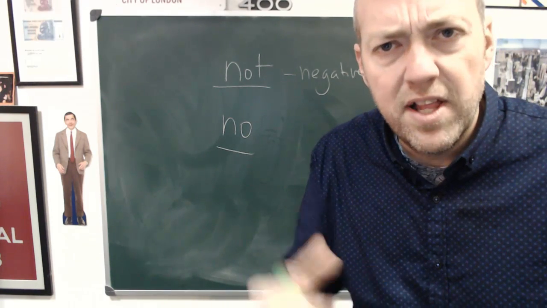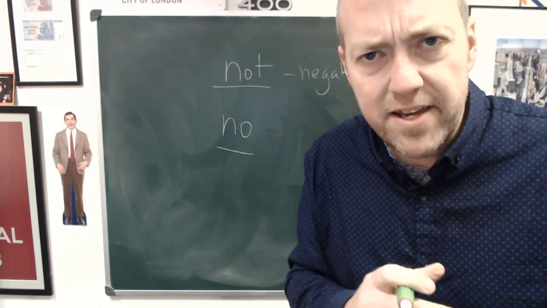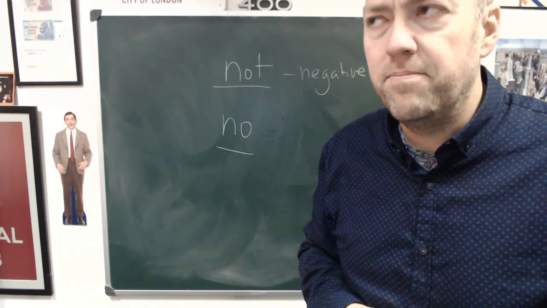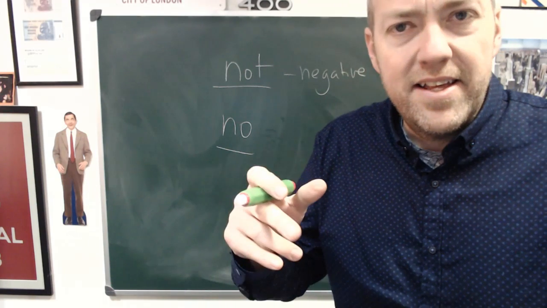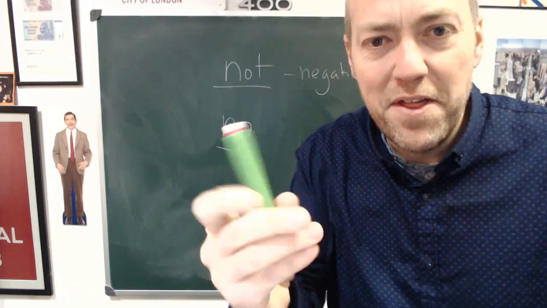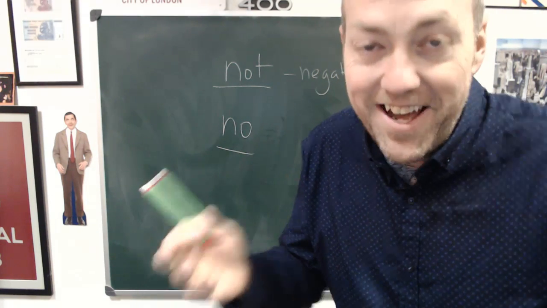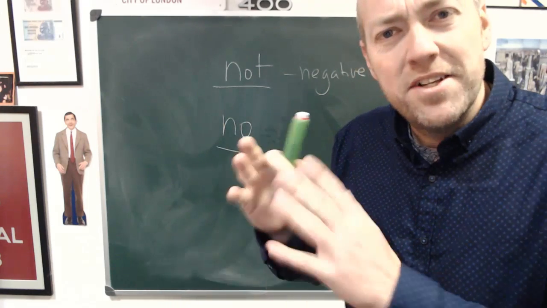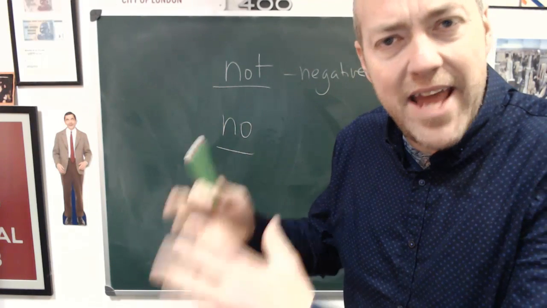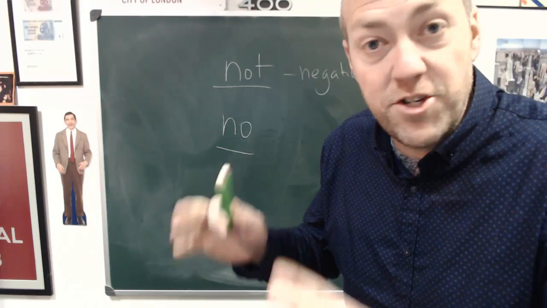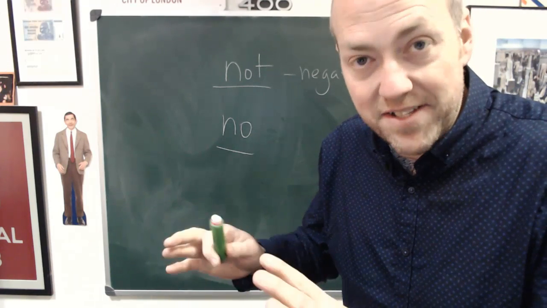So, for example, I am not happy, or this is not a coffee, unfortunately. Okay, it's to make something a noun or a verb negative, or an adjective. Okay, lots of things negative.